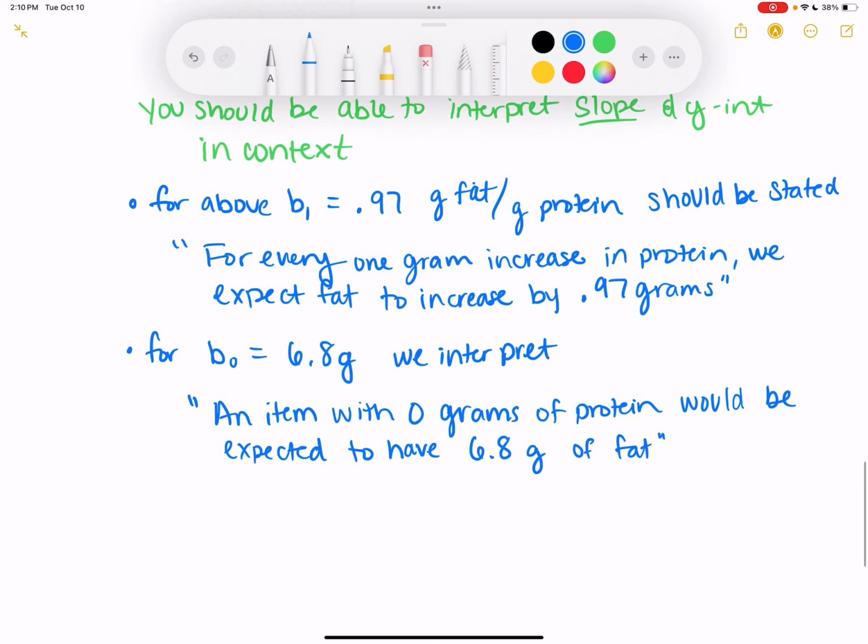Now, something to note is that this statement is often not accurate due to the context.